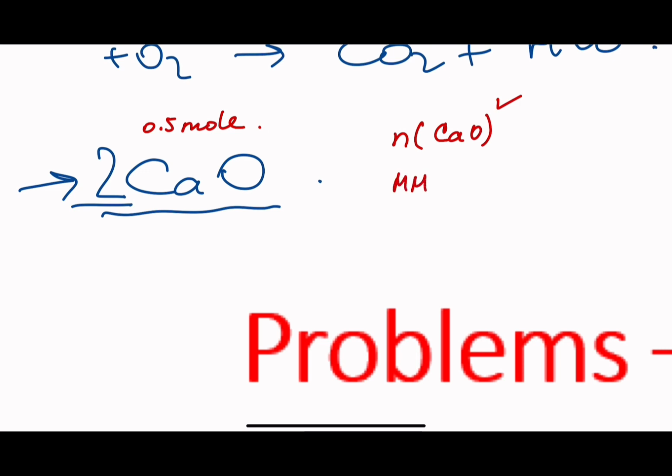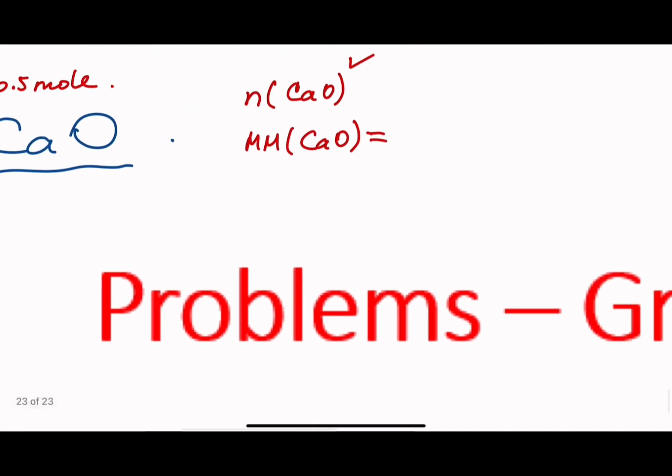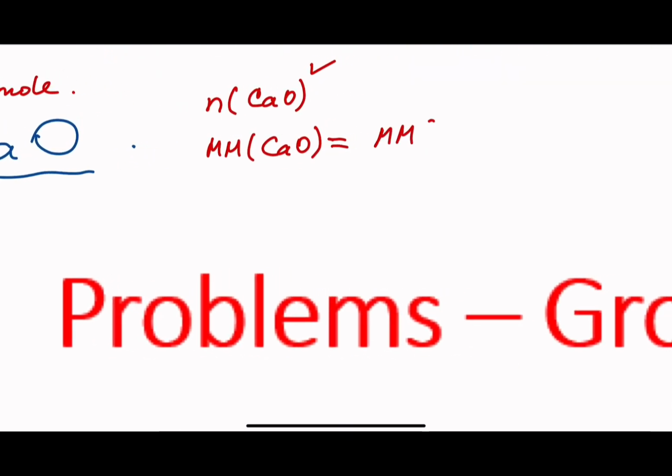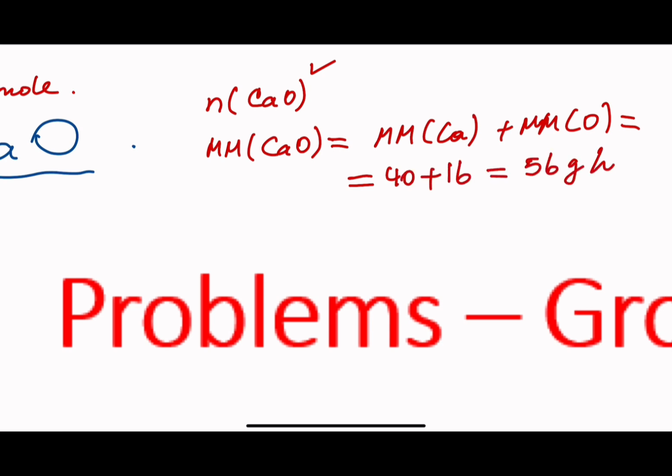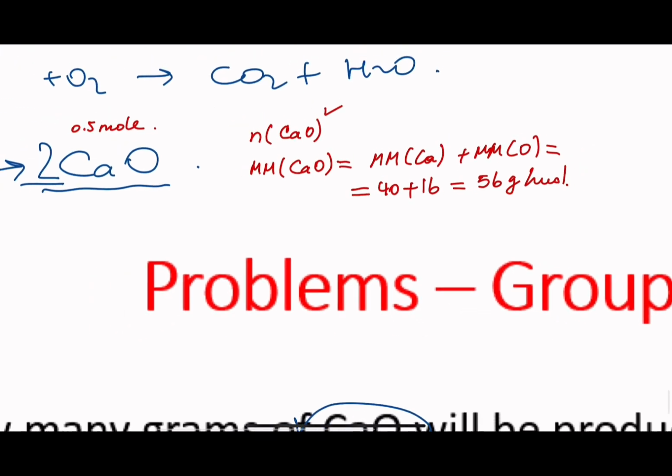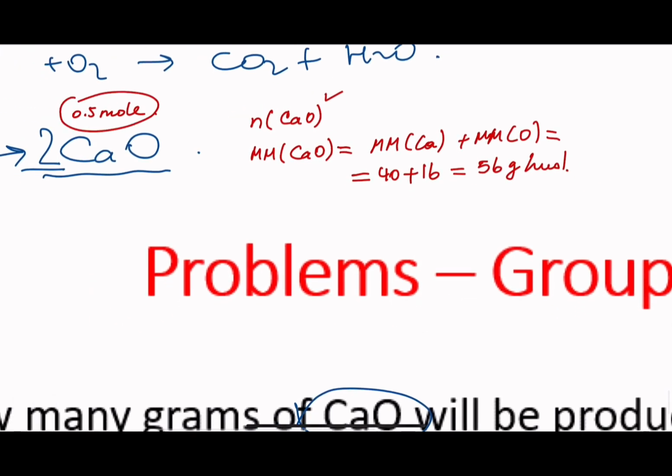You found it. You can find the molar mass of calcium oxide, which is just the molar mass of calcium plus molar mass of oxygen. And this is 40 plus 16, it will be 56 grams per mole. Okay, and then you have the molar amount.